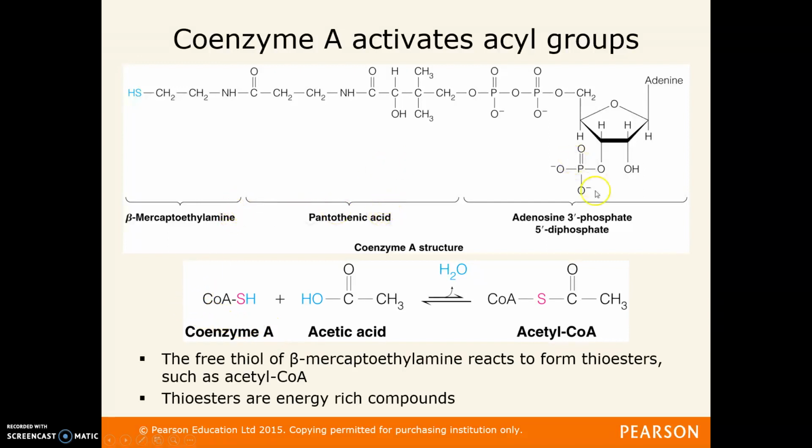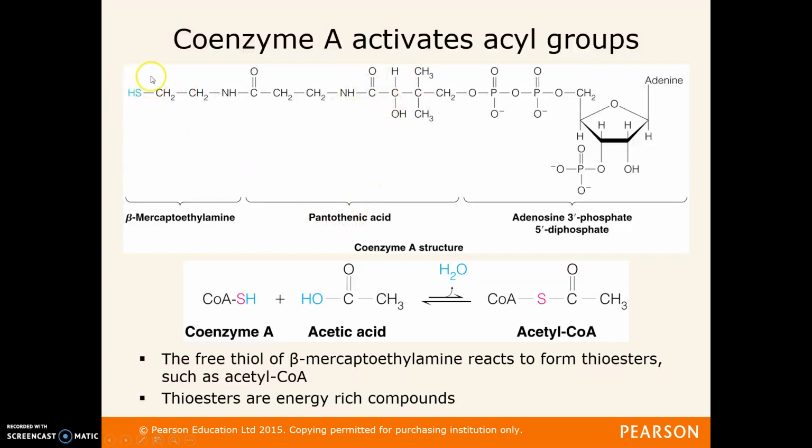But if we break down this coenzyme A into its various parts, here again we have the ATP part, here we have something called pantothenic acid, and here we have beta-mercaptoethylamine, which is actually an amino acid derivative, as is this here as well.